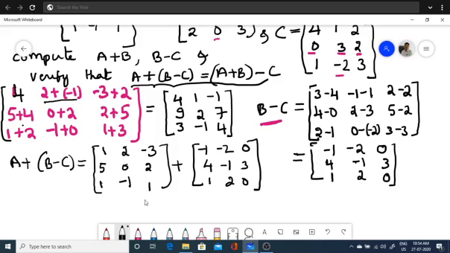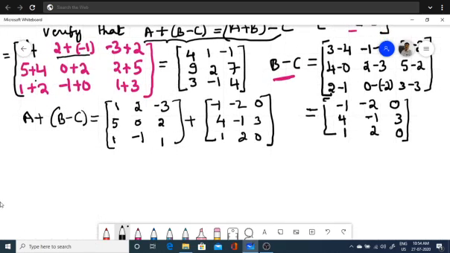So this is A plus B minus C. So adding the corresponding elements of A and B, now 1 plus minus 1, directly we can add, this is equal to 0 and 2 plus minus 2, so that is also 0 and minus 3 plus 0, that is minus 3 and 5 plus 4, that is 9, then 0 plus minus 1, minus 1.